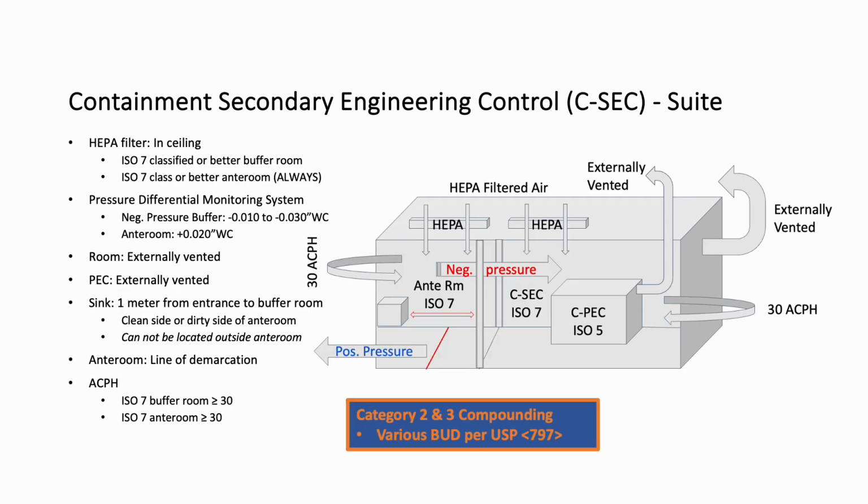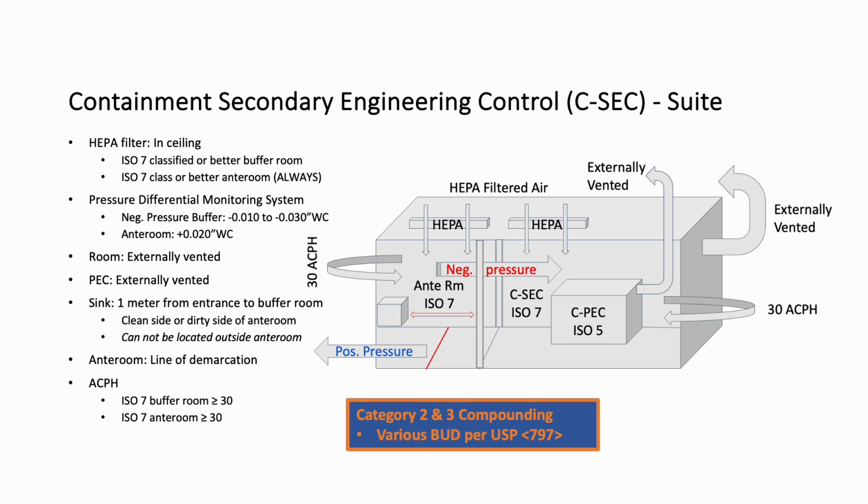This is an example of a Containment Secondary Engineering Control, CSEC, in a compounding room suite. HEPA-filtered air will be supplying clean air to the ISO 7 negative pressure buffer room. This negative pressure buffer room will be connected to a positive pressure anteroom.